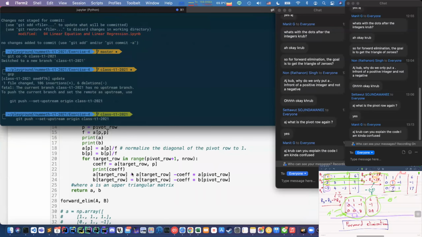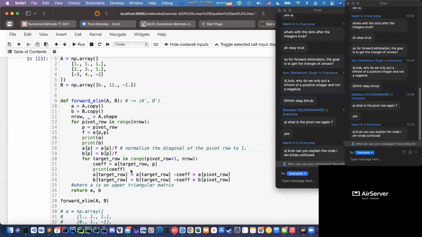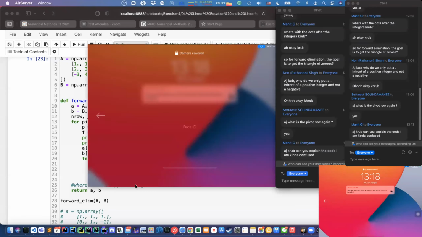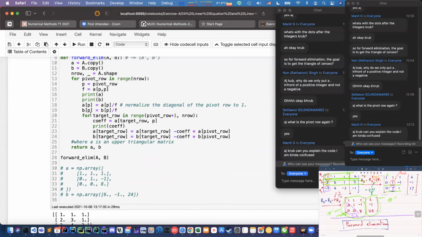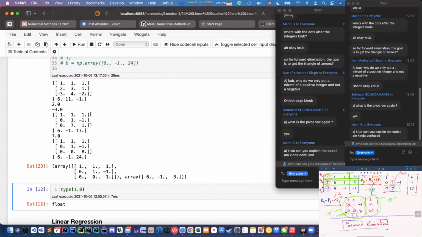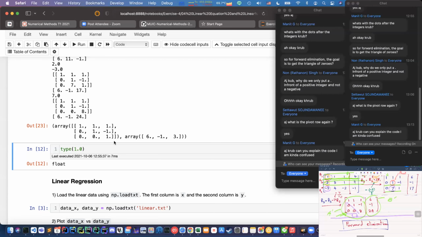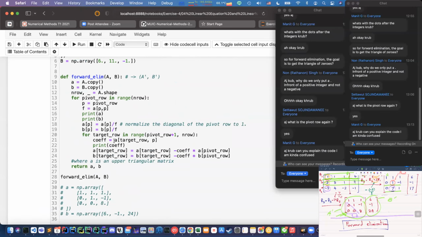Do you want to see the code? I pushed it, which I think is correct. Yes, I did push it. But I'll give you 5 more minutes and then I'll explain exactly what we did.